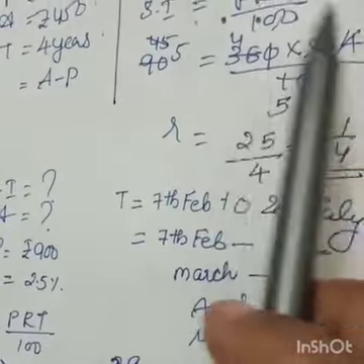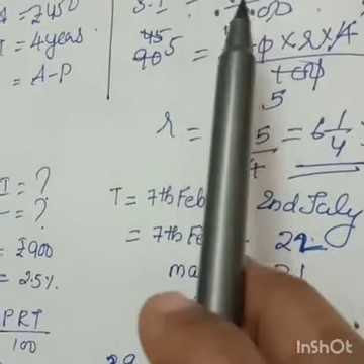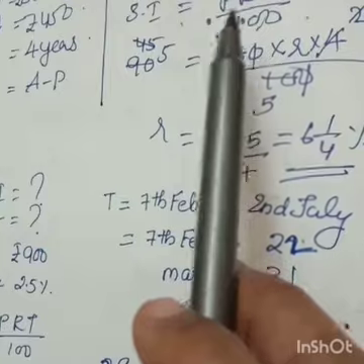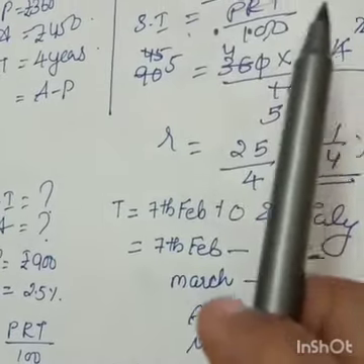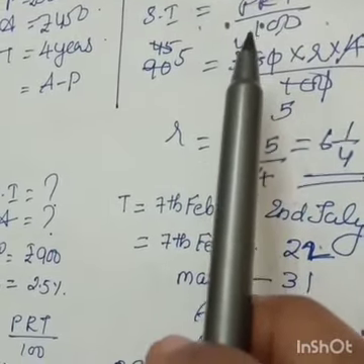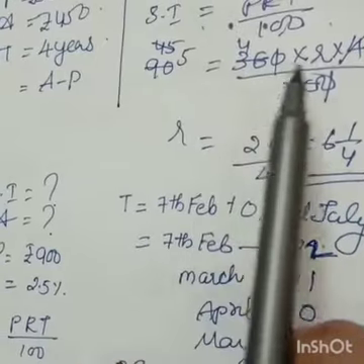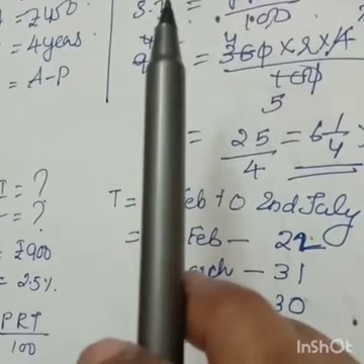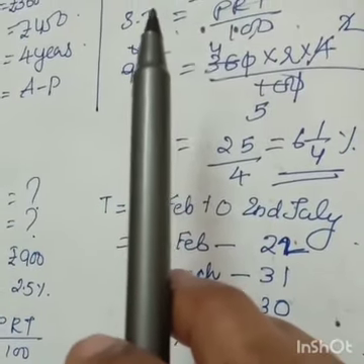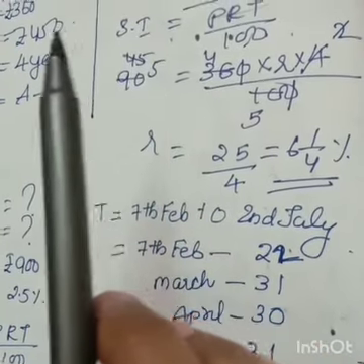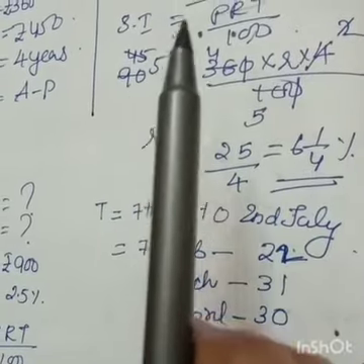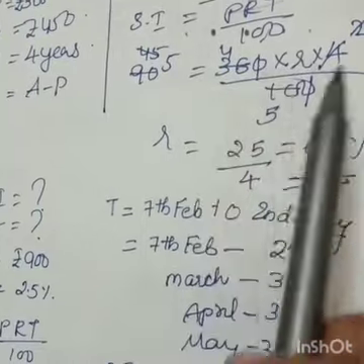In a formula, if two unknown variables are there, if you put the other values, you will not get the answer. So whenever you use a formula, one variable will be unknown and all other variables should be known, then only you can get the answer.